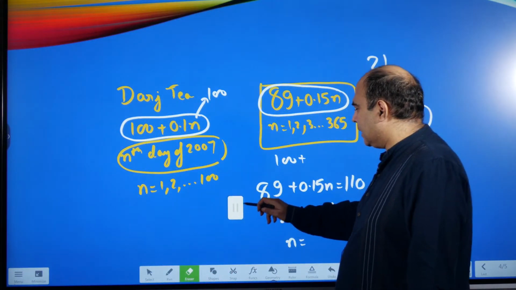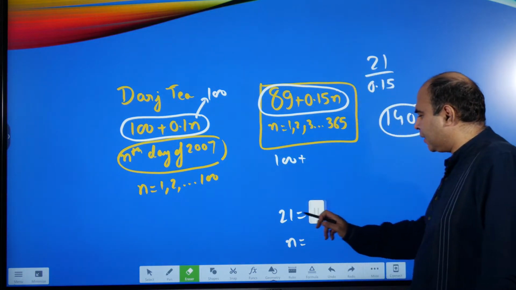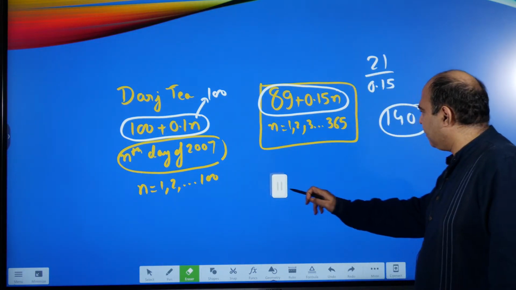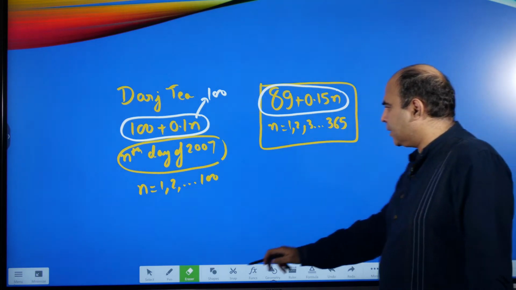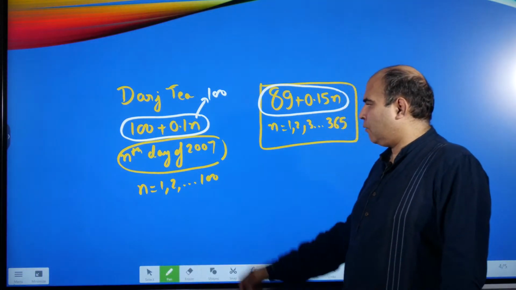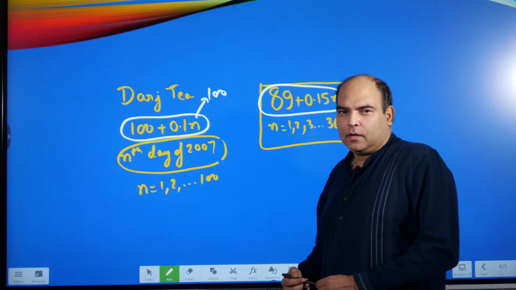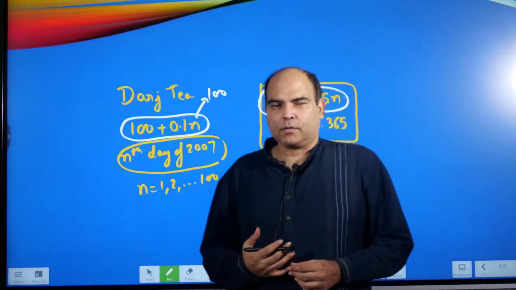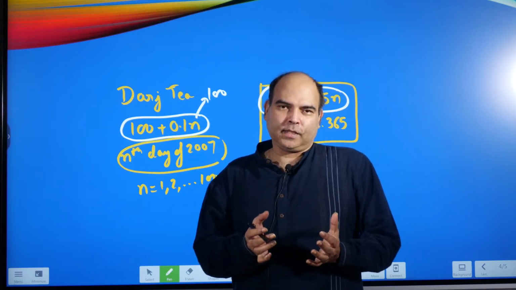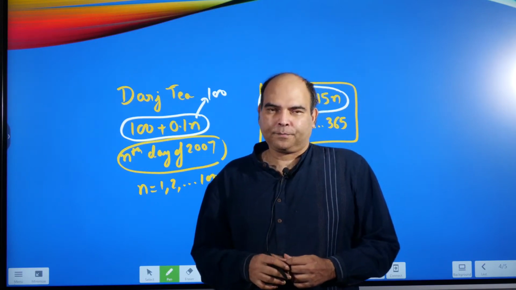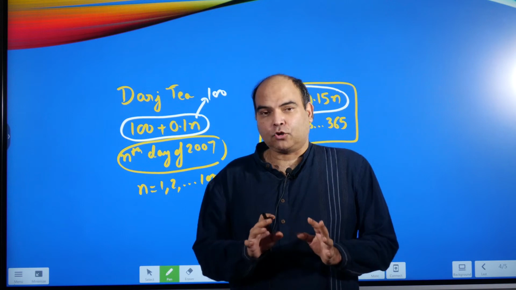is that rather than looking at these as algebraic functions, if you just read them with a little bit of language thinking, what does 89 plus 0.1 n mean? What does 100 plus 0.1 n mean? If you think about it in language terms, it means that it's at 100 rupees and increasing by 10 paise per day for 100 days and then stopping.